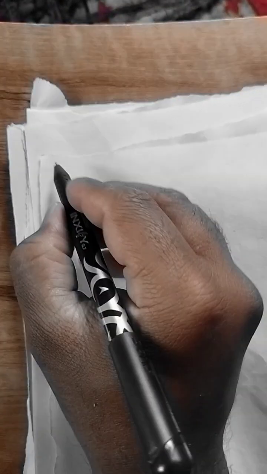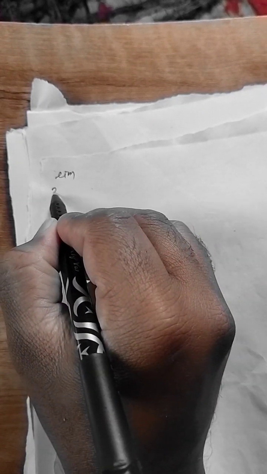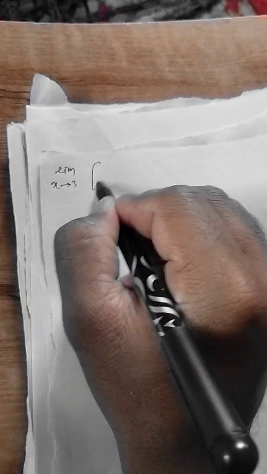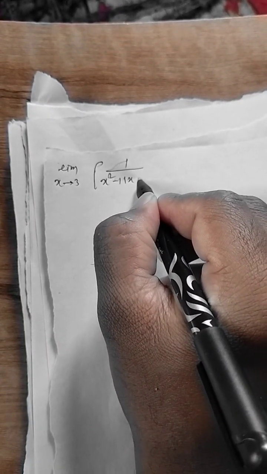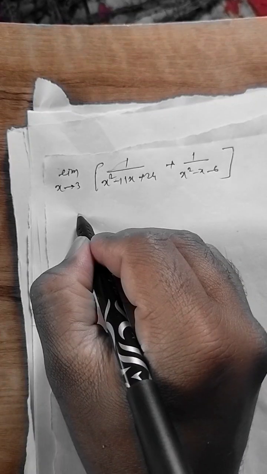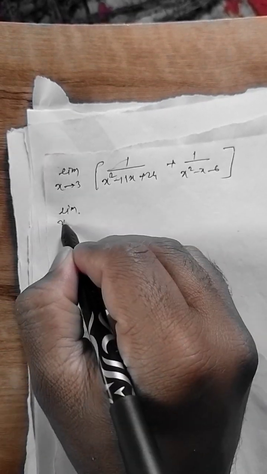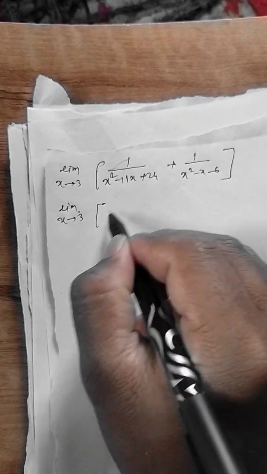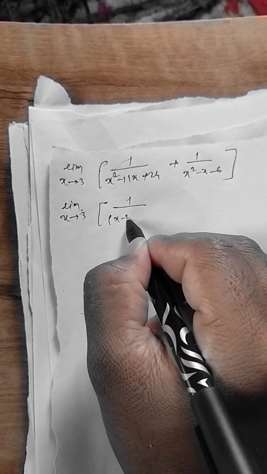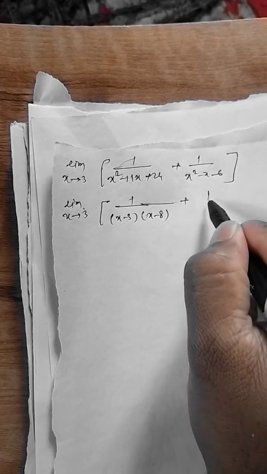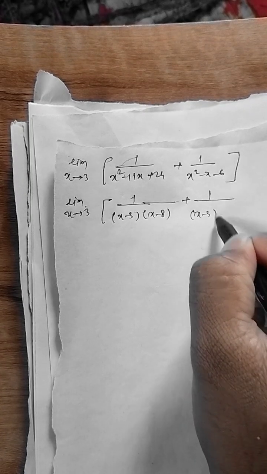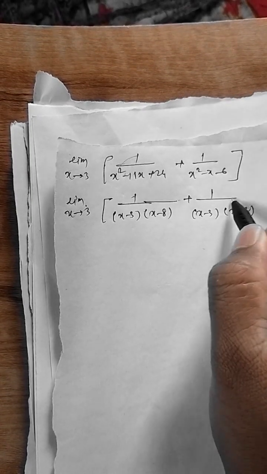Now let us look at another problem. Limit x tends to 3 of 1 upon (x square minus 11x plus 24) plus 1 upon (x square minus x minus 6). Limit x tends to 3 of 1 upon (x minus 3)(x minus 8) plus 1 upon (x minus 3)(x plus 2).